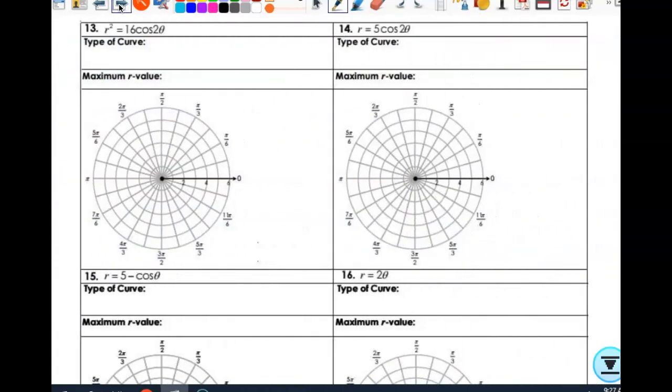Let's look at the next one. What type of curve is this? Lemniscate. All right, lemniscate. What is your maximum R value? 4. Good, because this is a squared, so it's just 4. Lemniscate is attached to the pole.